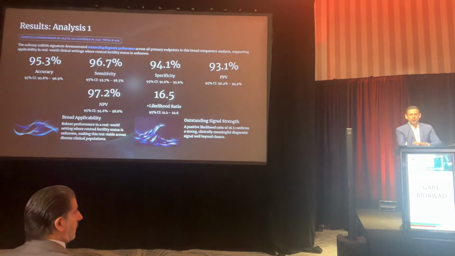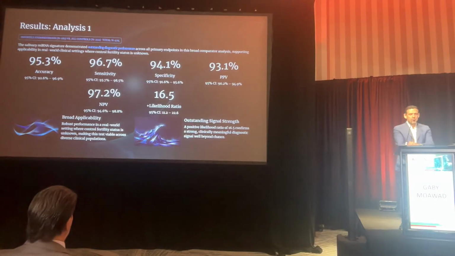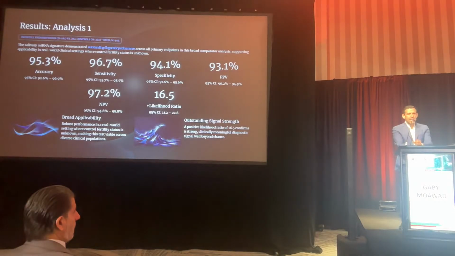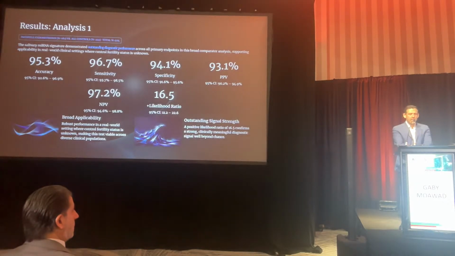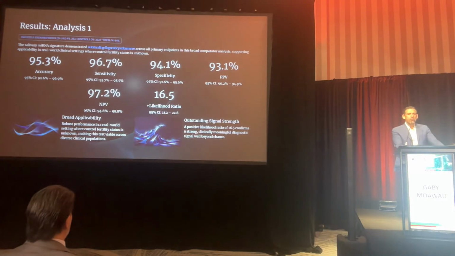This robust performance in a real-world setting, which is the first subgroup comparing the patients with infertility with endometriosis to controls, shows that when we have the infertility status unknown, which is 50% due to endometriosis, this test would serve you as a non-invasive diagnostic test to establish a strategy for those patients who are diagnosed with endometriosis and then enable them to protect their fertility or have options.